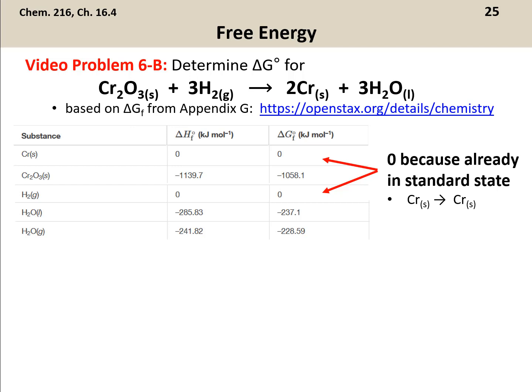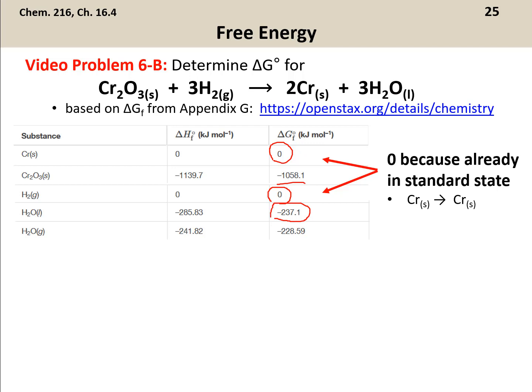So you can see the delta GF for Cr2O3 is negative 1058.1. You can see it also for chromium, it's 0. For H2, it's also 0. And then we have H2O liquid right here.